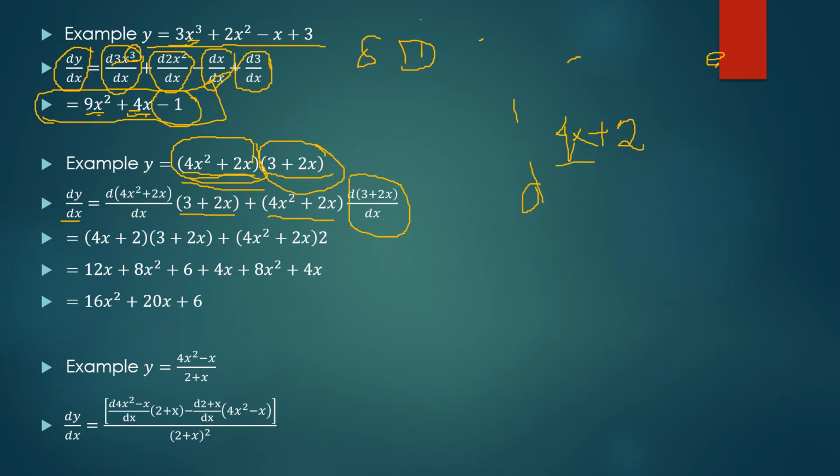So d 4x all over dx. Remember the rule, eliminate the denominator. Sorry, this one is squared. Okay, and this one is plus 2x. There, so we're eliminating the denominator.